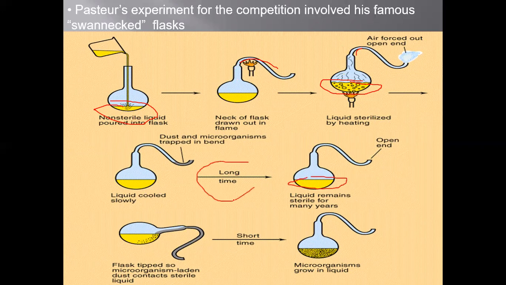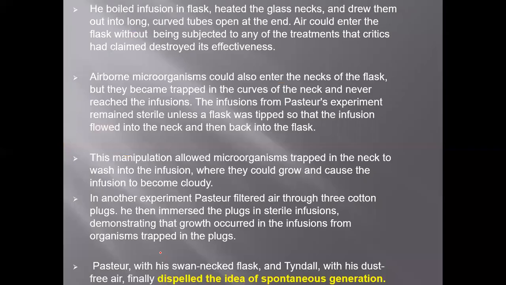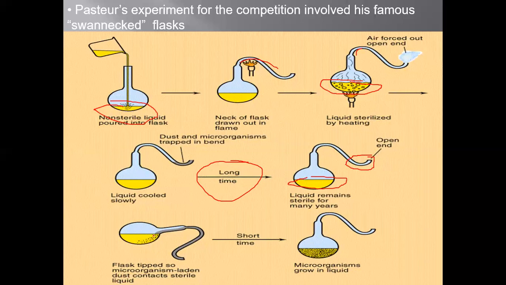That is after a long time, and his neck was open-ended, so lots of dust was deposited there. And after some days, suddenly the flask tipped, or you can also say it moved, and due to the moving, the dust that was deposited for a long time went into the sterile liquid.